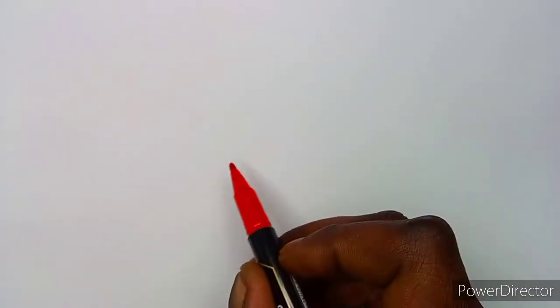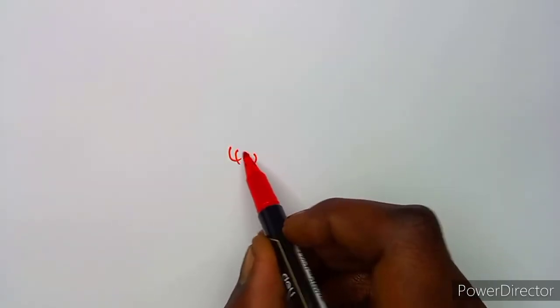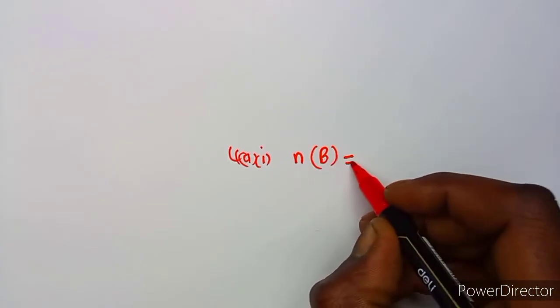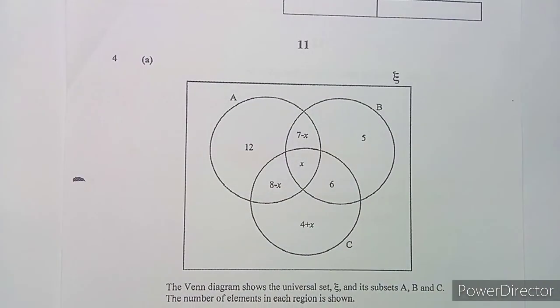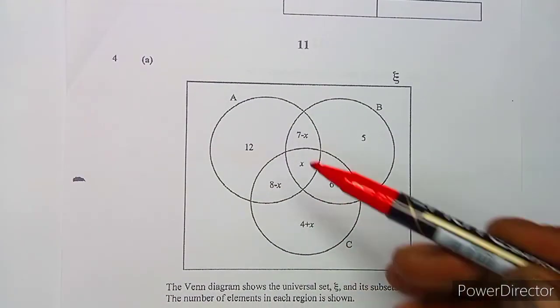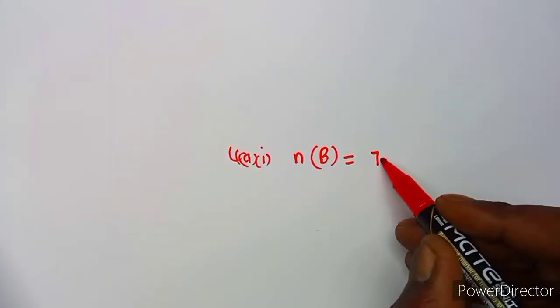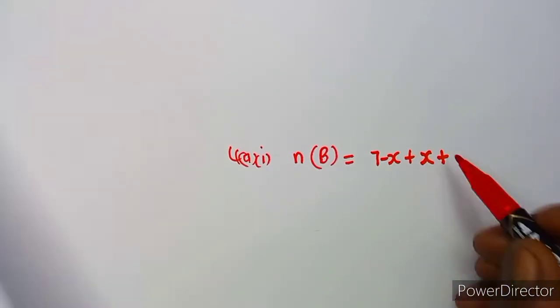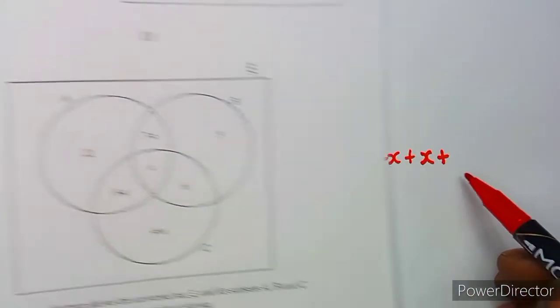So that is your 4, item 1. The number of elements in set B: combine everything that you see in that set, which is 7 minus x, plus this x here, plus this 6 here, and 5.